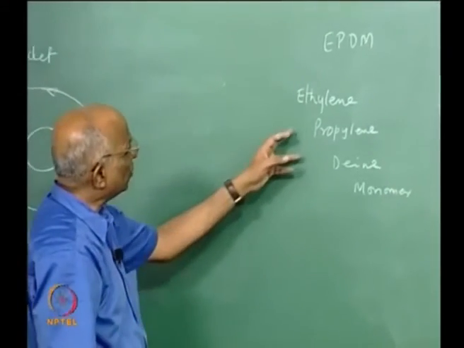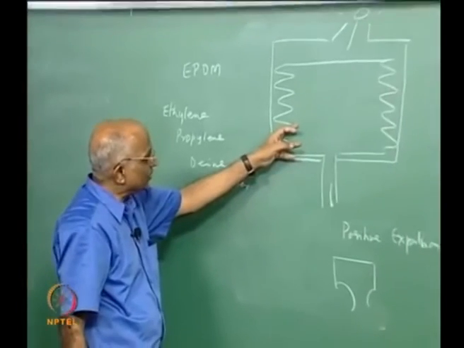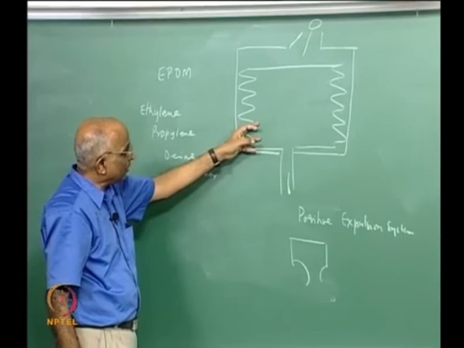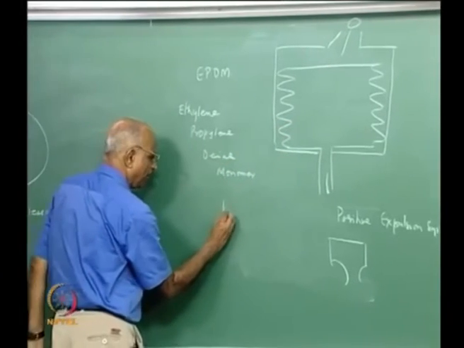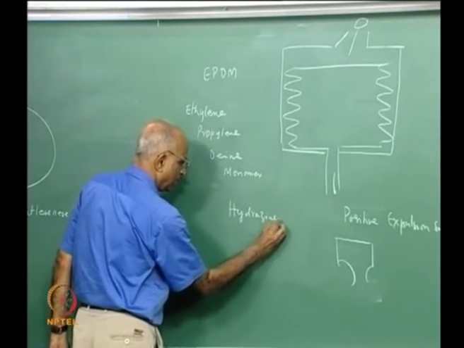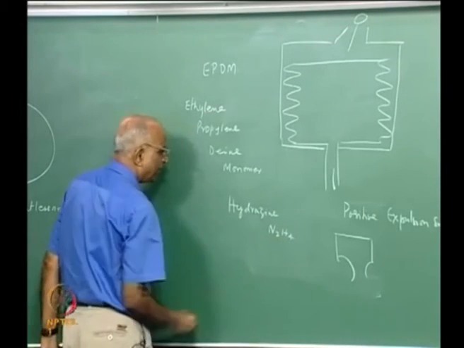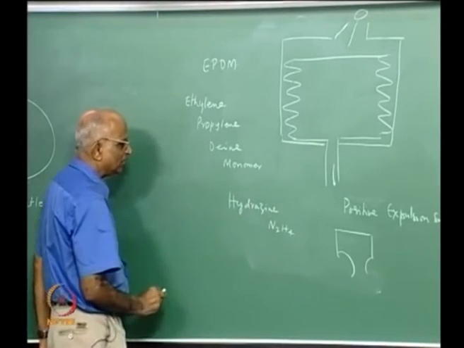Why this rubber is chosen is that most of the upper stages, or let us say the rocket stages used in spacecraft, use the fuel hydrazine, or MMH, monomethyl hydrazine, that is hydrazine based fuels.